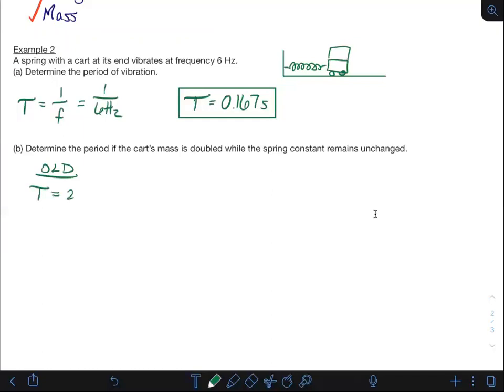If I write out the relationship for period of a mass spring system, originally, in part A with just the one piece of mass on the cart, we really only have the fact that this period is equal to 0.167 seconds. Don't know what that mass actually is, don't know what that spring constant is.